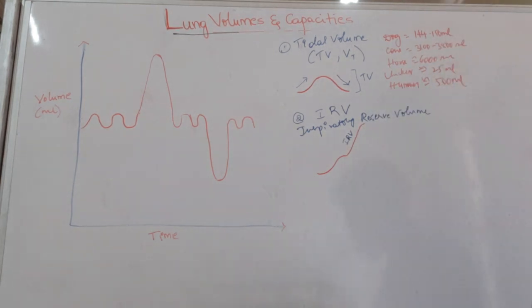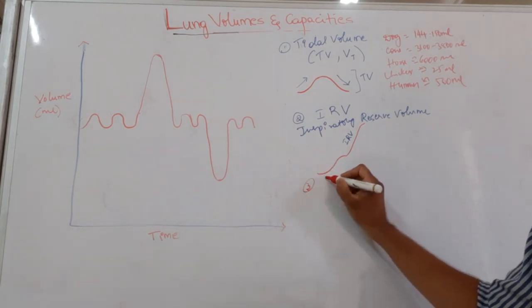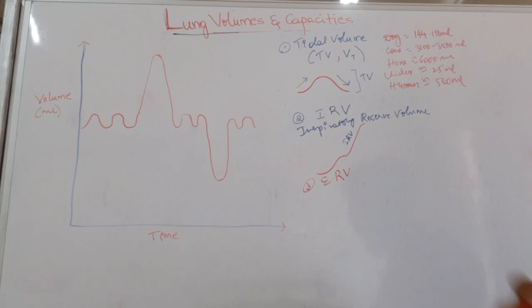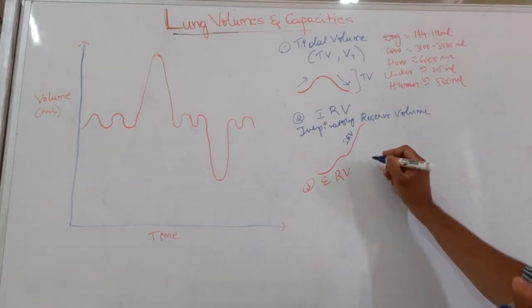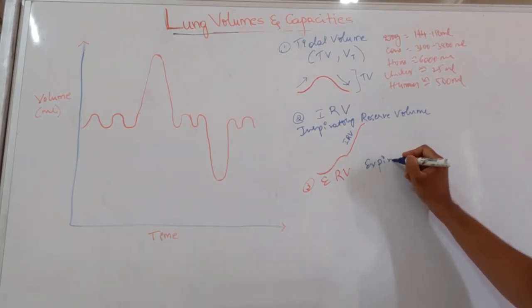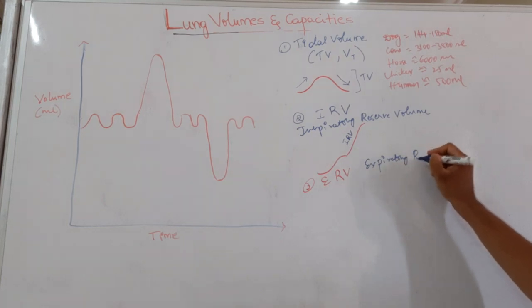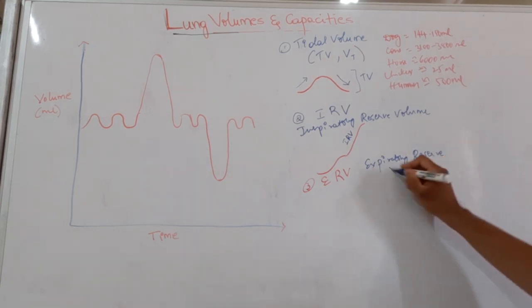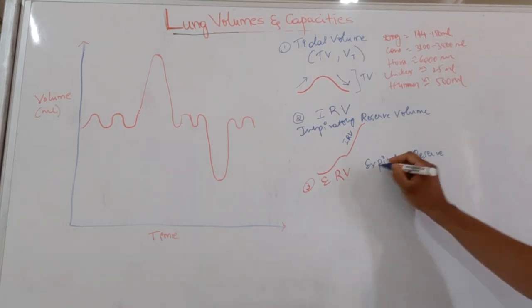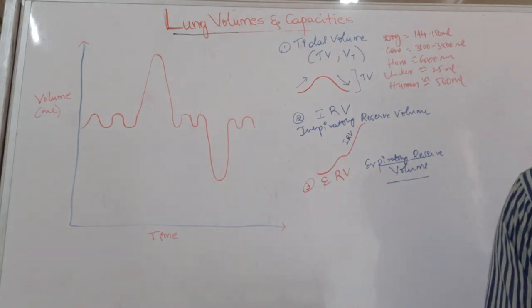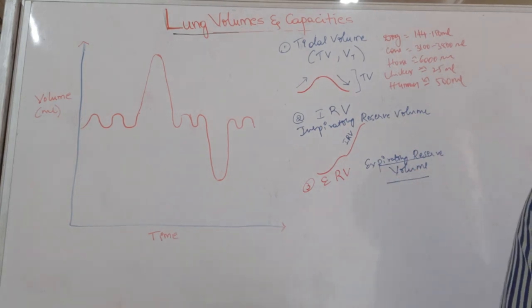The third is expiratory reserve volume or ERV. This is an extra amount of air that is expired forcefully after normal tidal volume expiration.